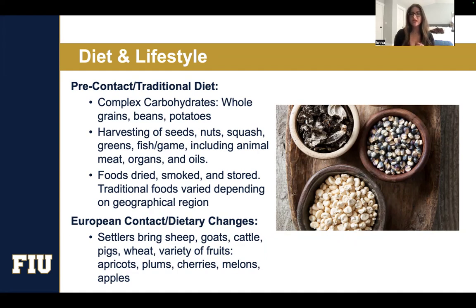And then food was often dried, smoked, and stored. And that really just depended on what geographical region the tribes were living in terms of what specific foods or meats they were eating.